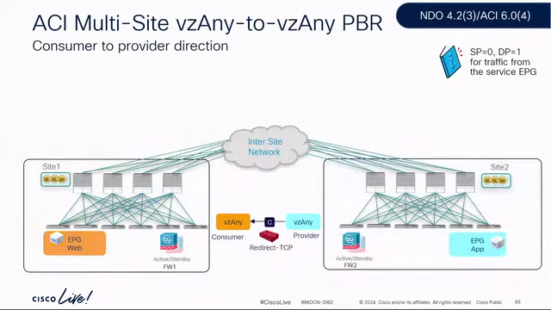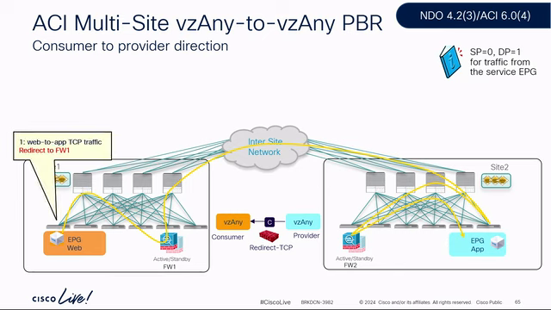Let me go back to the previous slide to take a look at the traffic workflow. So let's say web to app traffic is redirected twice. The first action is just web to app redirect. Traffic is going to firewall 1. After that, traffic from service EPG to app hits service EPG to VZNE, and we put the special flag SP equals 0, DP equals 1 to indicate firewall was already inserted in the source site.